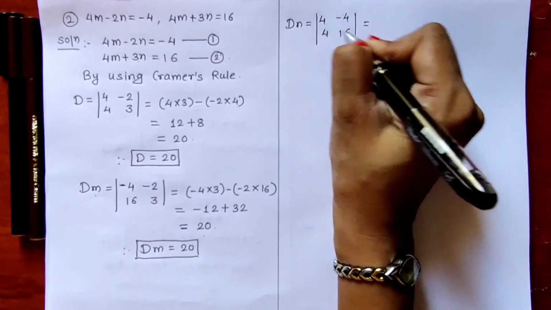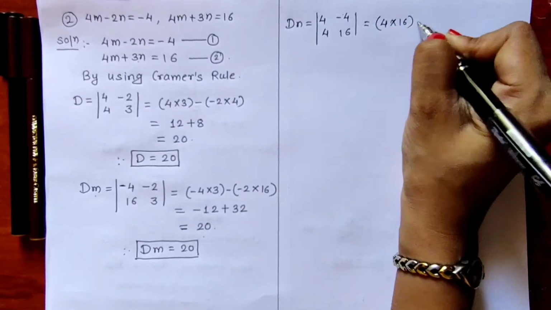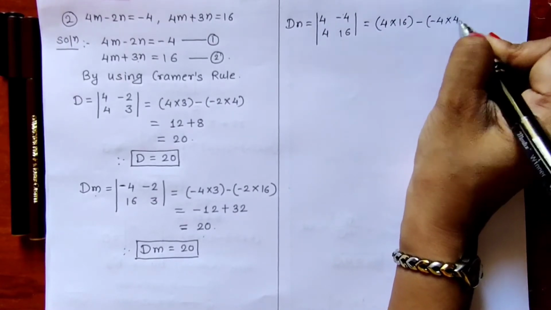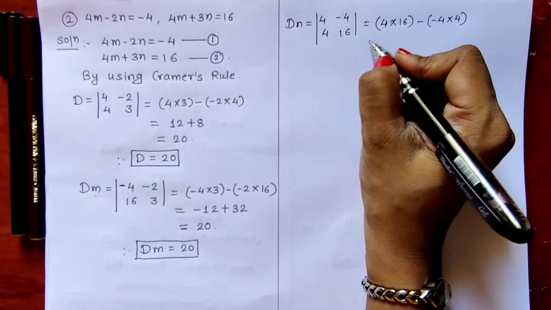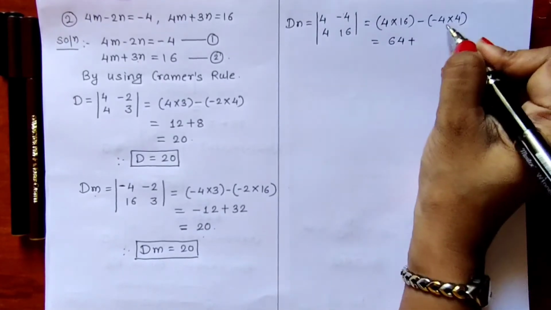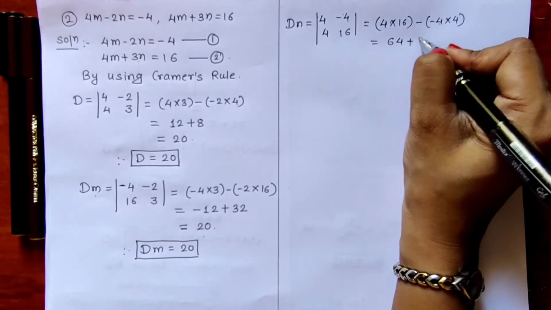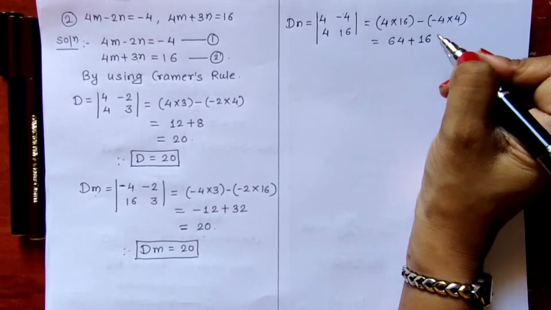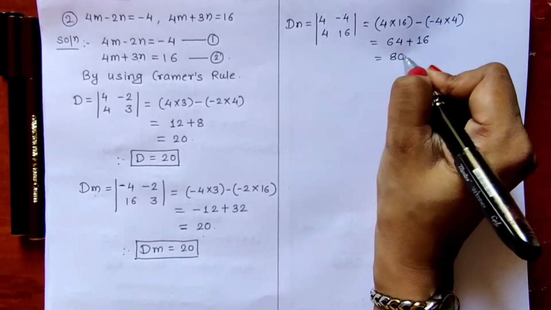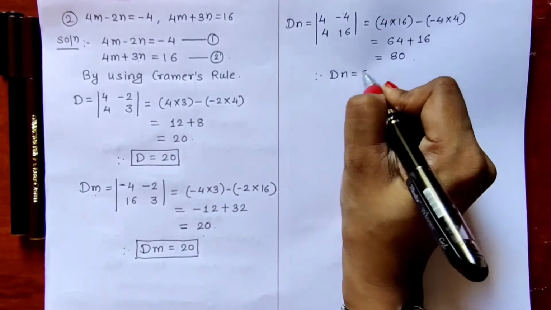Now cross multiply: 4 into 16, minus 4 into plus 4. So 16 4s are 64, minus plus 4 4s are 16, correct? So it will be 64 plus 16 is 80. Therefore dn is equal to 80.